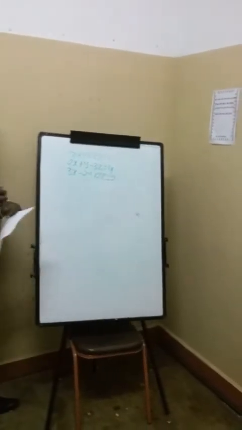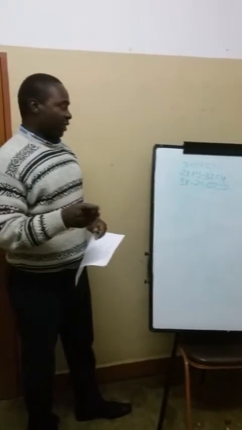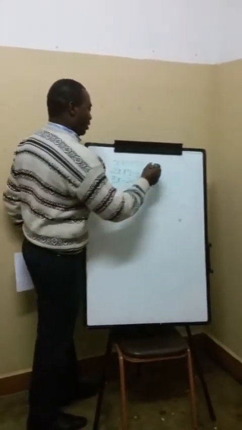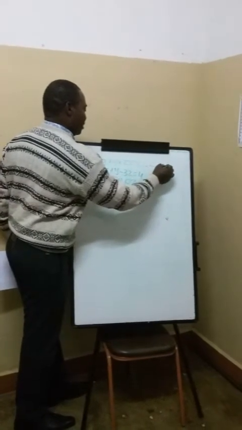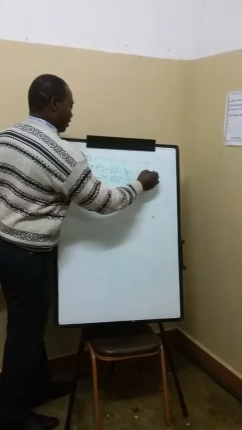So these are the three equations, and we have three variables that we need to calculate. The first step, we should name these equations so that it will be very easy for us to refer back.